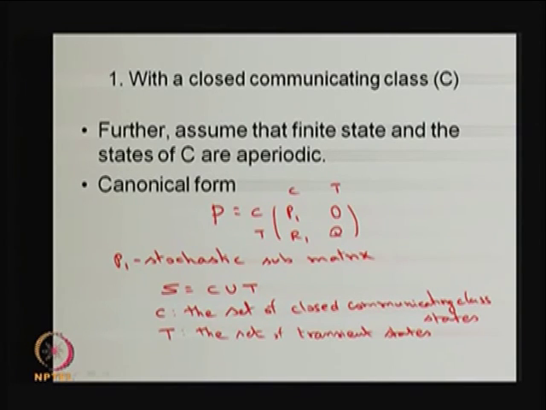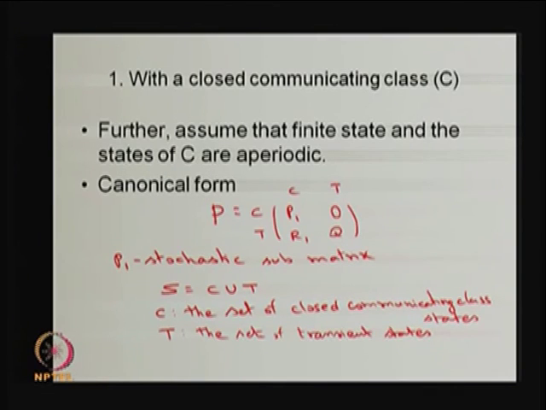Therefore, the whole P matrix is partitioned into 4 submatrices: P1, the 0 matrix, R1 and Q. Since the upper right is a 0 matrix, this P1 is also going to be a stochastic matrix. The row sum is going to be 1 and the entries are greater than or equal to 0, lying between 0 and 1. So, this submatrix is called a stochastic submatrix.